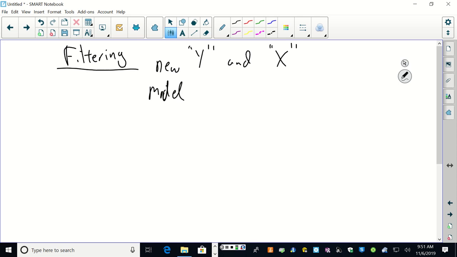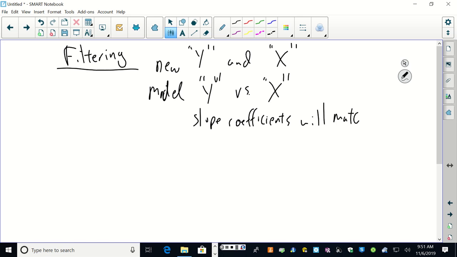We're going to model the new y's versus the new x's, and then the slope coefficients that we get will match those that we would get with the previous models, doing y on x directly.